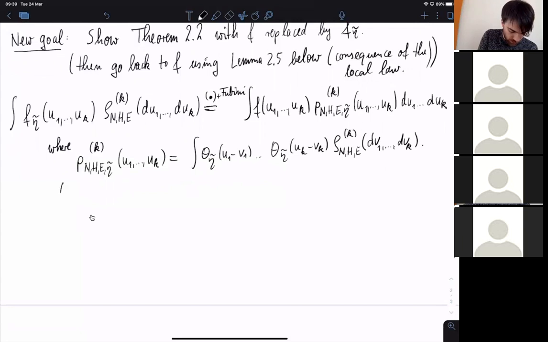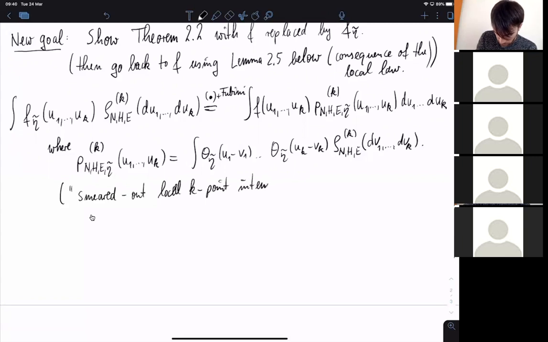The way you should think of it is this is a smeared out local k-point intensity measure, or maybe better, correlation function. But just to remind you that in general, the k-point correlation function will not exist for an arbitrary h, but only if the entries are absolutely continuous.